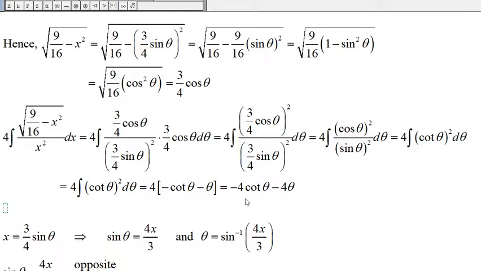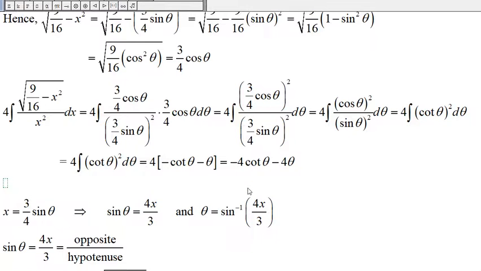But the answer here involves cotangent of theta. In the place of theta, we can put sine inverse of 4x over 3, but we need to find cotangent of theta. Sine of theta is 4x over 3. Definition of sine is opposite over hypotenuse.